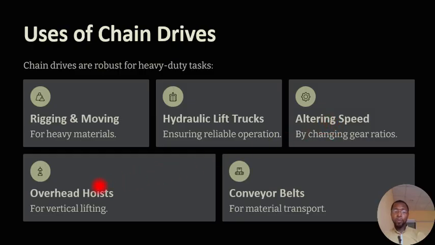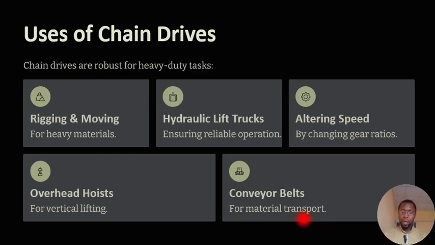And we also use the chain drive in overhead hoists for vertical lifting, and we use the chain drive in conveyor belts. In this case, we use it for material transportation, for transporting material from one place to the other.